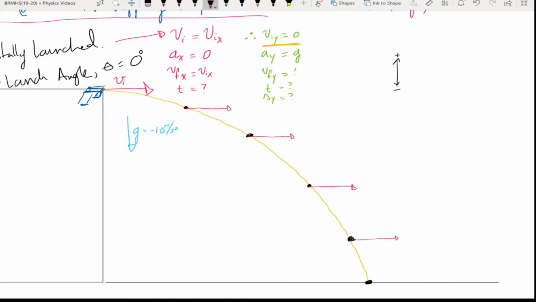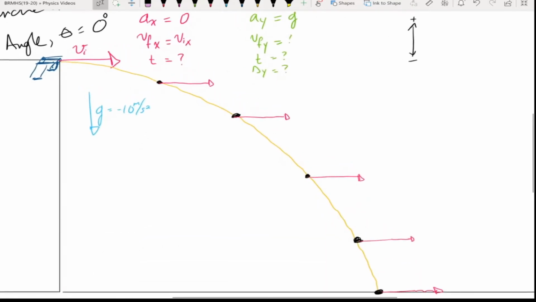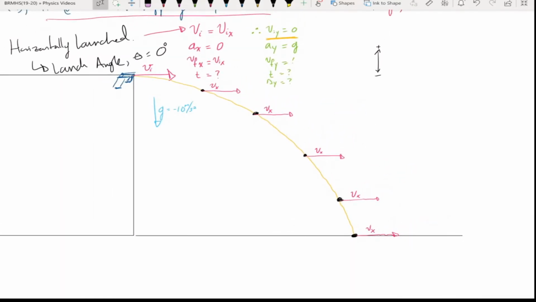It does not change because its acceleration is 0. So all of those are equal in magnitude, and I can just call all of them v sub x, because v sub x, initial, final, doesn't change. That last one looks pretty bad, but it's supposed to be parallel to the x-axis.